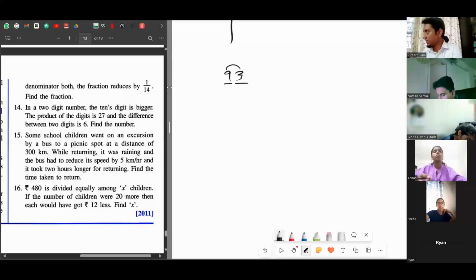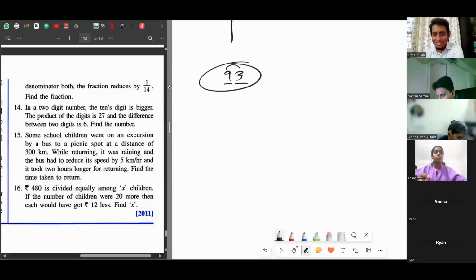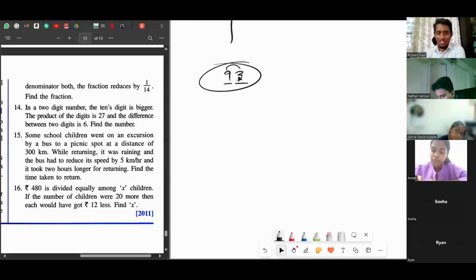Any other number like this? Two-digit number, huh? This is the only number, right? So probably this has to be your answer, because there's no other such number where the product of the digits is 27. You have to show the working. Okay, anyway, we got the answer, but we need to show the working.